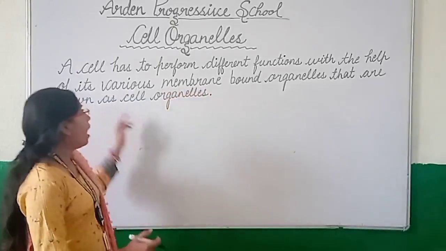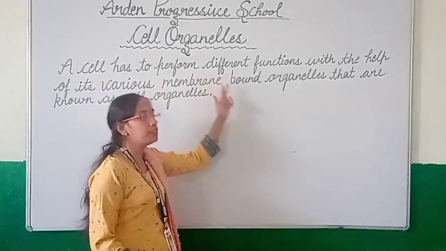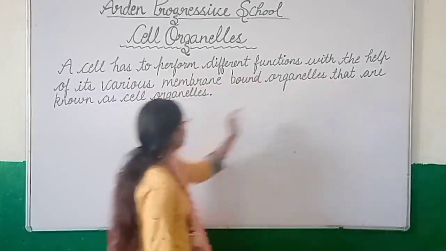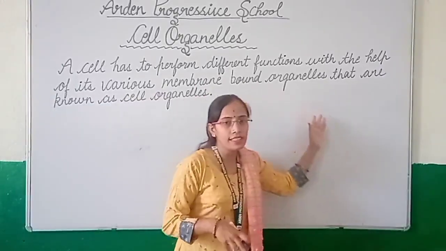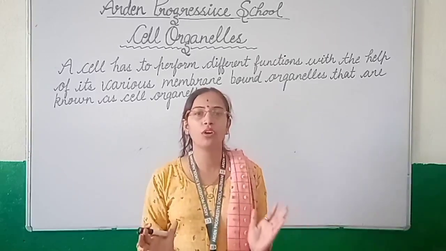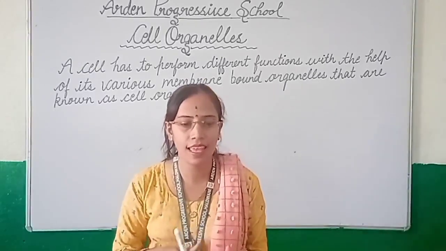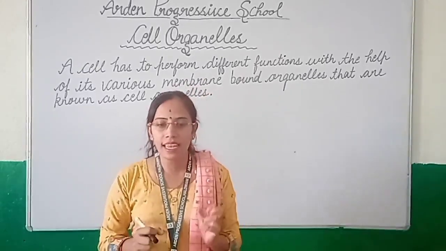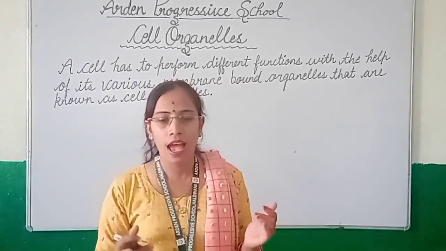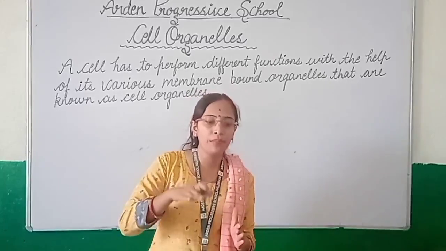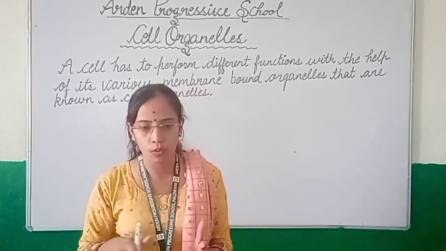A cell has to perform different functions with the help of its various membrane bound organelles, and those membrane bound organelles are known as cell organelles. The cell organelles are the small organs of the cell and are found embedded in the cytosol.